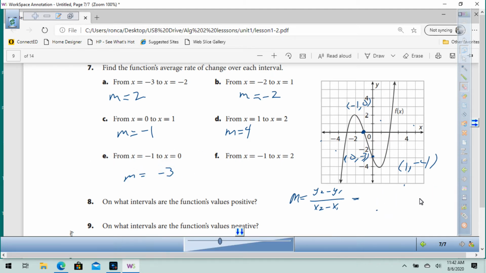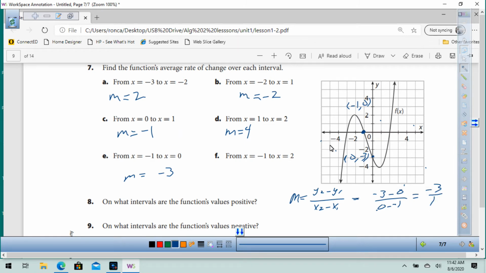And we'll try it numerically just to make sure. What do we got? We got negative 3 minus 0 over 0 minus negative 1. That's going to give us negative 3 over 1. So we get the same answer.